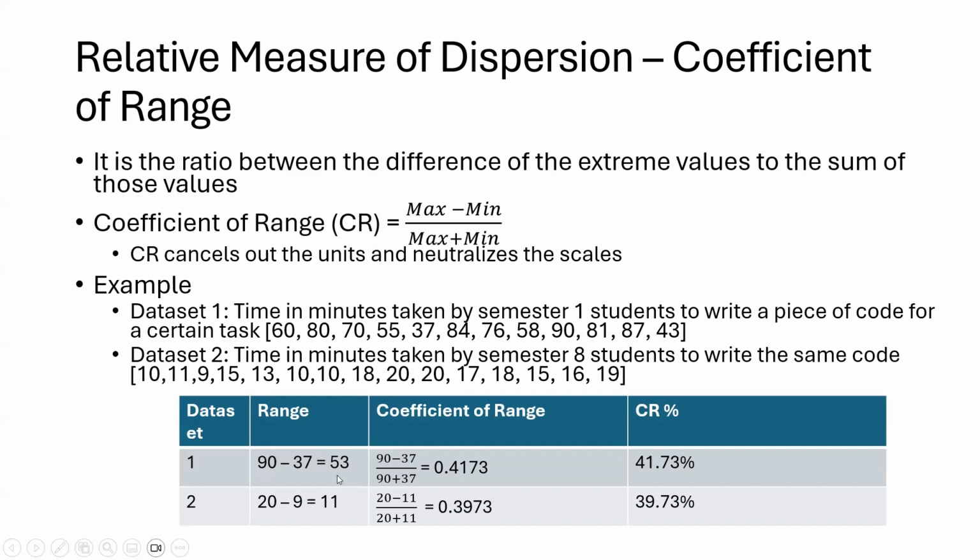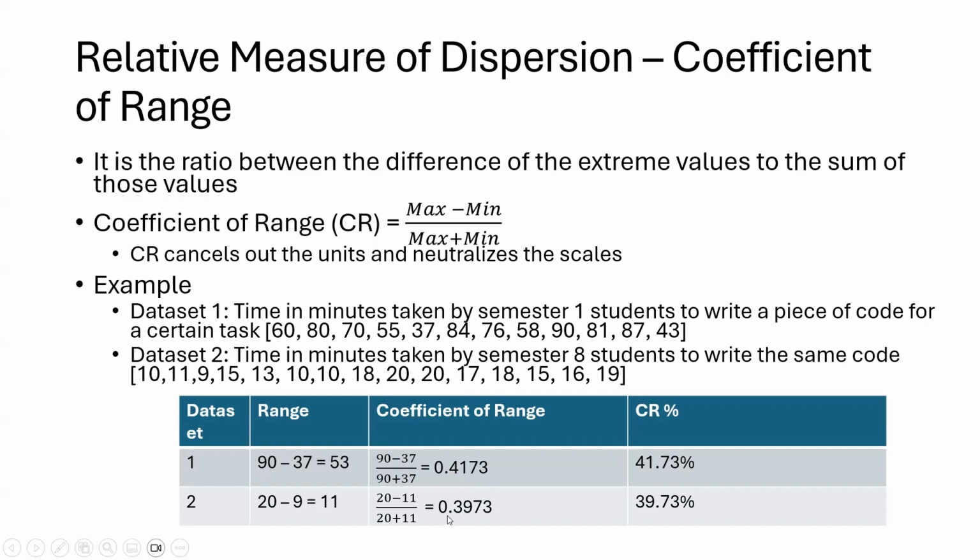And you can see that data set one seems to have a very high range if we do the comparison based on the range only. But when we calculate the coefficient of range, which is the relative measure of dispersion here, and we use this expression, highest minus minimum divided by highest plus minimum, we get, for the first data set, the value as 0.4173.